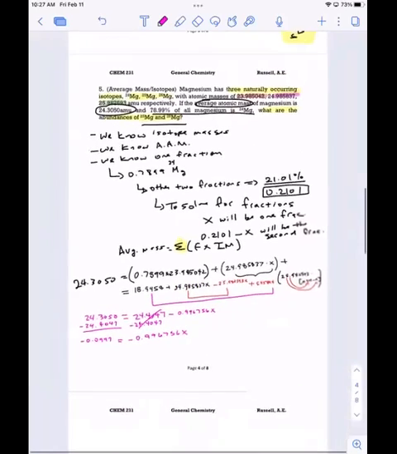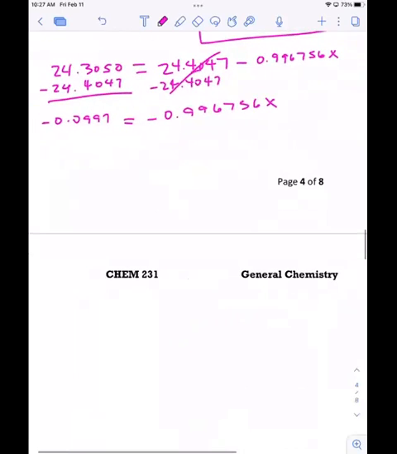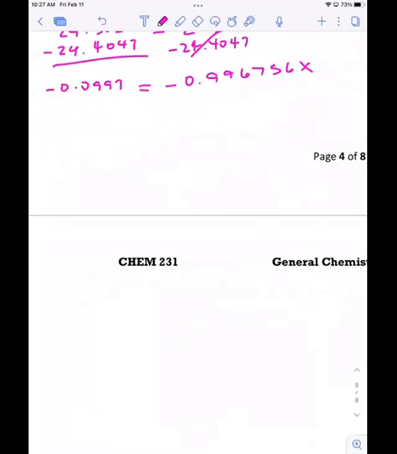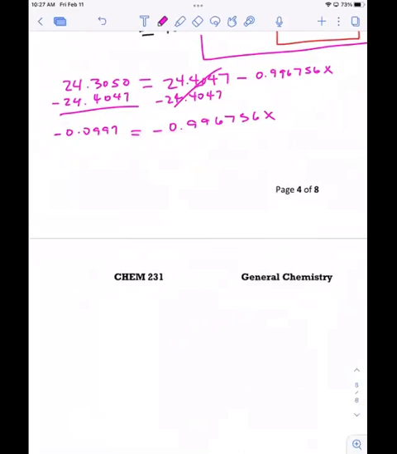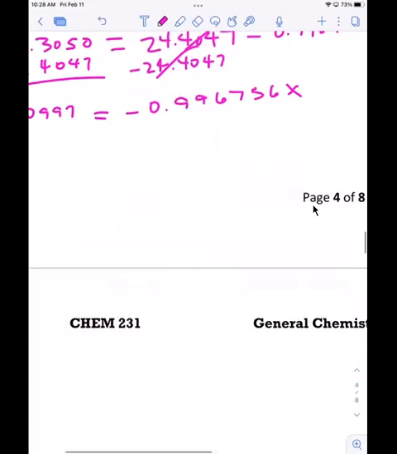Now, what do we need to do? Don't we need to solve for X now? I'm just going to go ahead and keep the negative signs in so we'll see that they cancel.